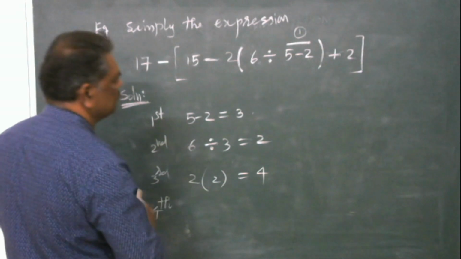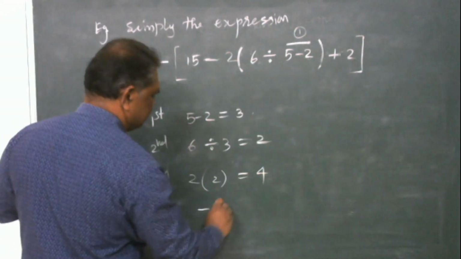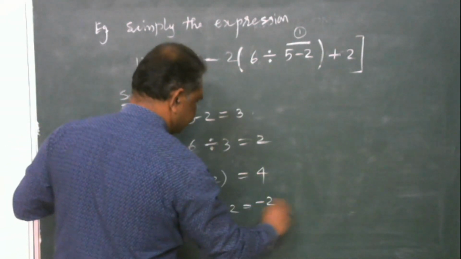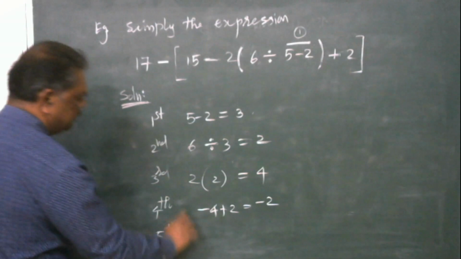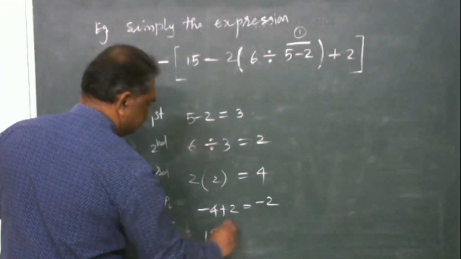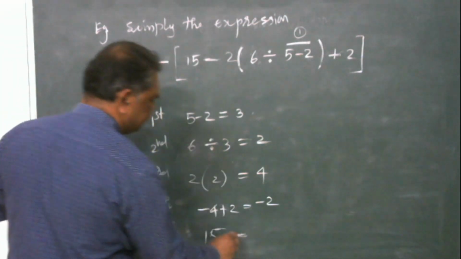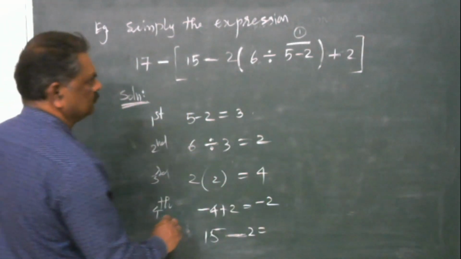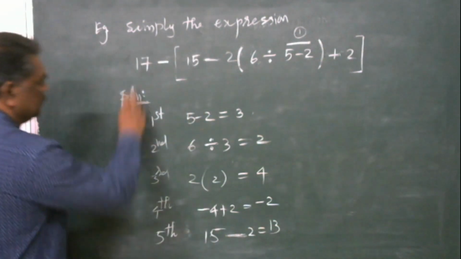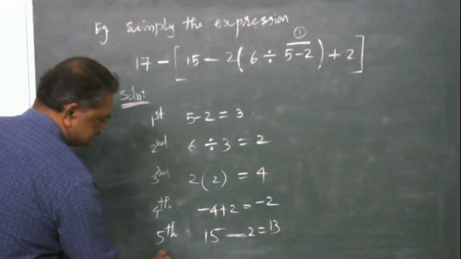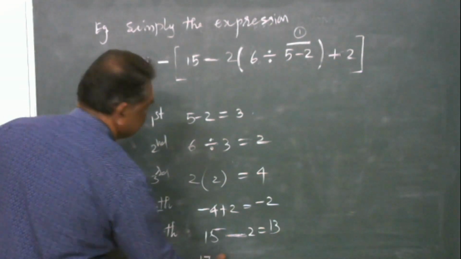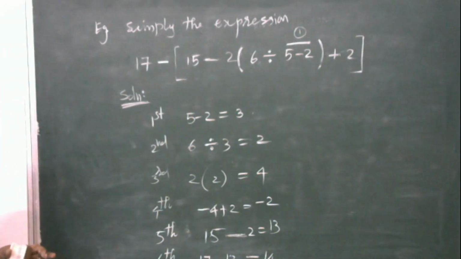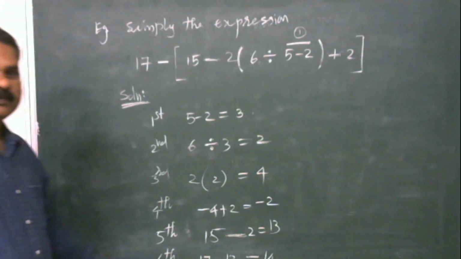So fourth, what we need to do, this is minus 4 plus 2, which is minus 2. Then fifth, we need to perform subtraction, that is 15 minus 2, which is 13. Then last, sixth, again subtraction is there. Sixth, outside the bracket, 17 minus 13.